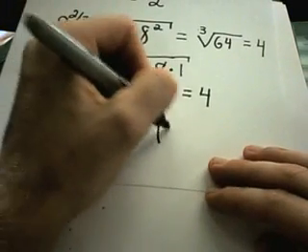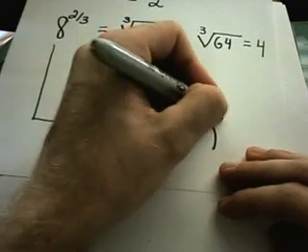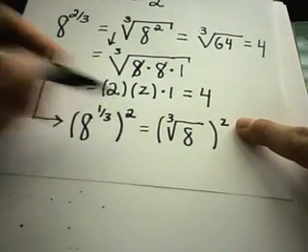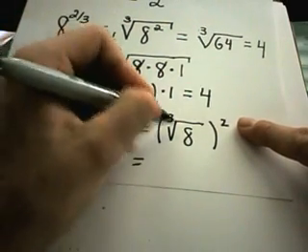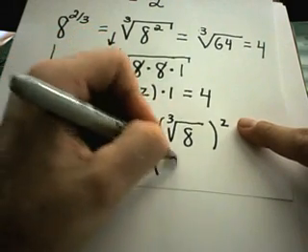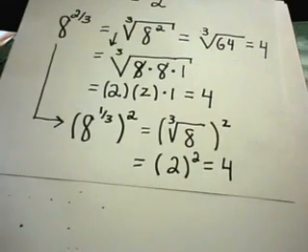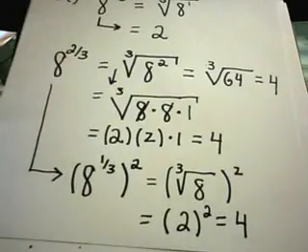So this really says find the cube root of 8 and then square that number. So there's my square, there's my square. I'm just rewriting 8 to the 1/3 as the cube root of 8. And recall the cube root of 8 is 2, and 2 squared is 4. Okay, so that's 3 different ways to go about getting an equivalent answer.